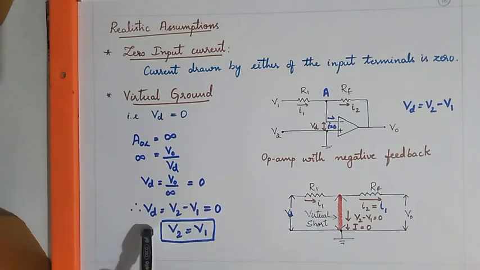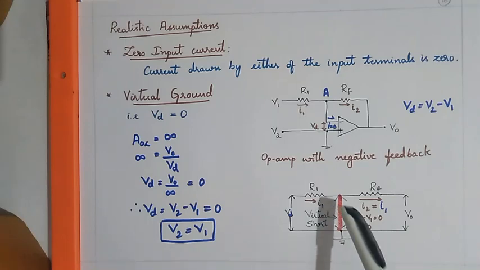Since Vd is the difference of the two input voltages, V2 minus V1, and it is equal to 0, V2 equals V1. Since the voltages are equal, we can say that there is a virtual short between the two input terminals. There is no physical connection between V1 and V2, thus it is a virtual short. A short exists which is virtual in nature.